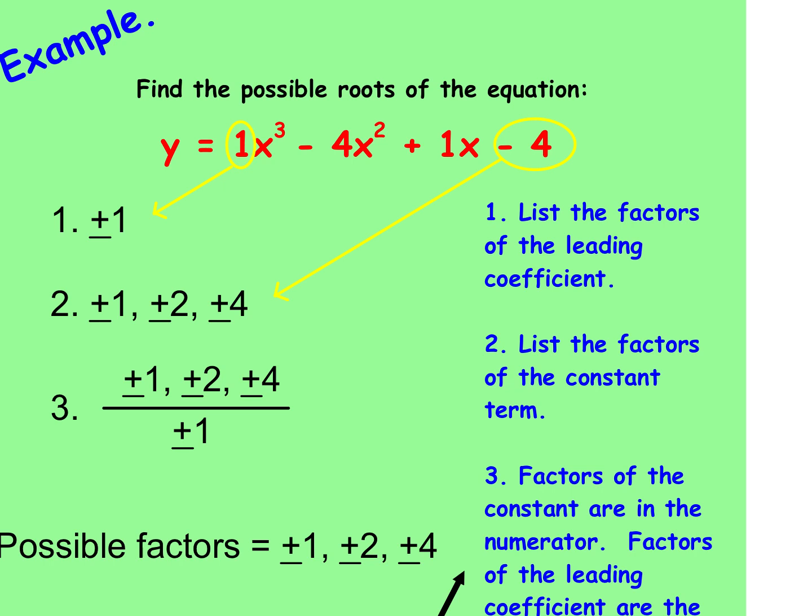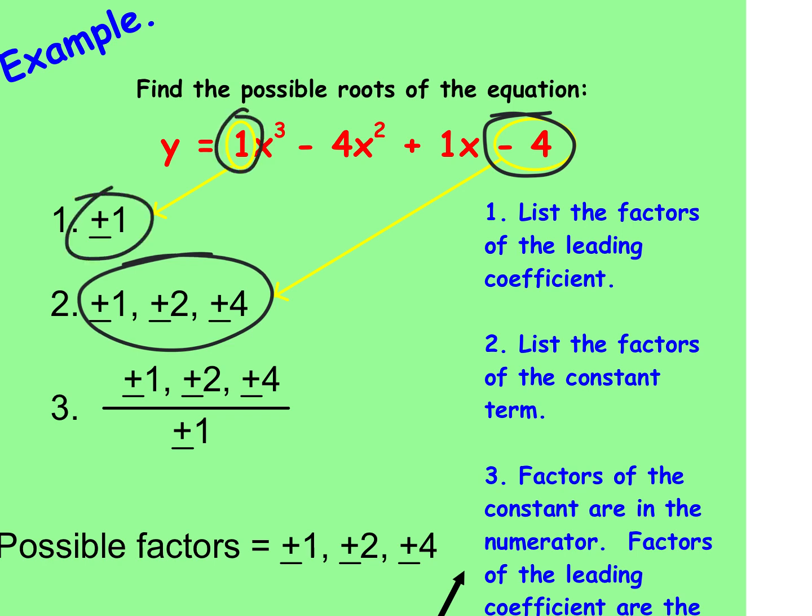On this page, it says find the possible roots of this equation. That one has 3 factors, 1, 2, and 4. This one has 2 factors, 1 and negative 1. You take these factors and you divide them by these.